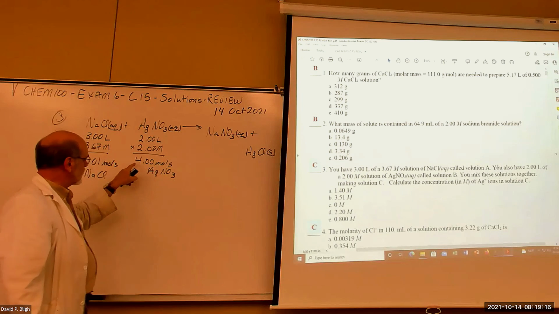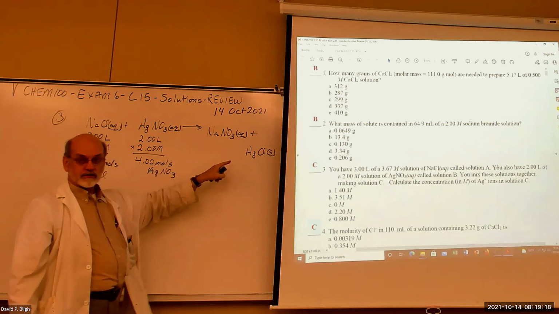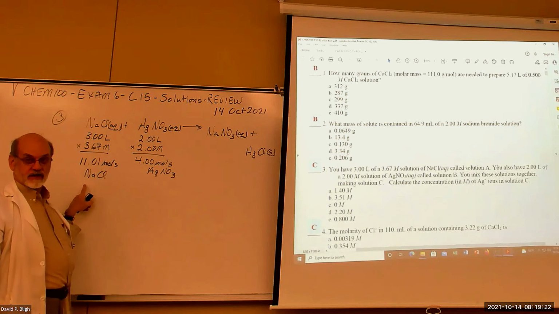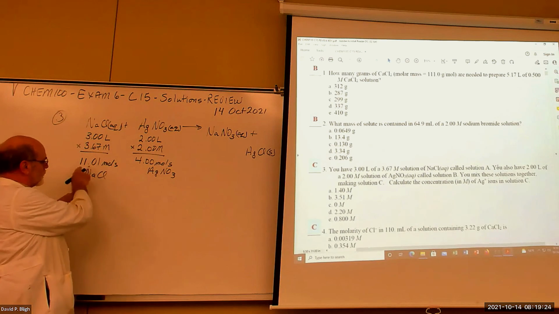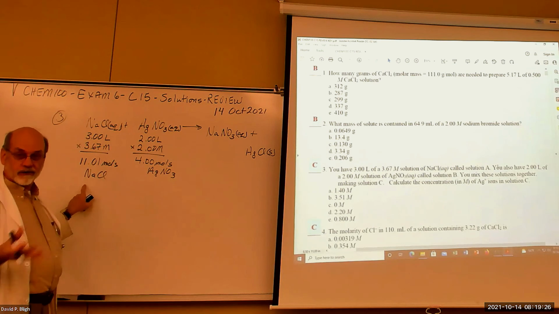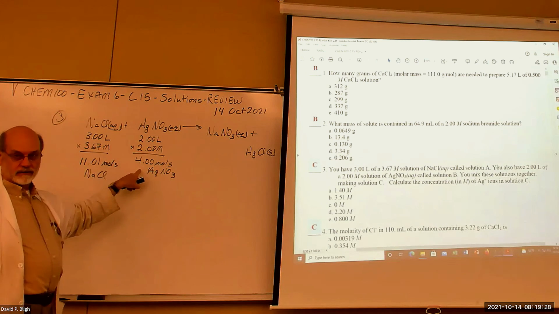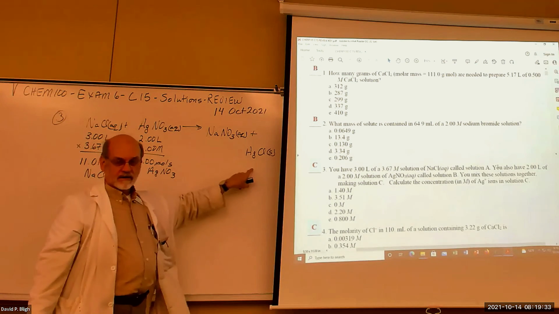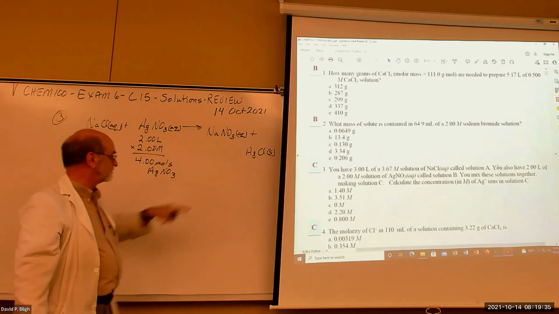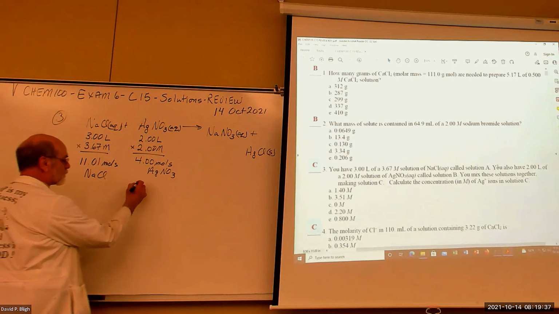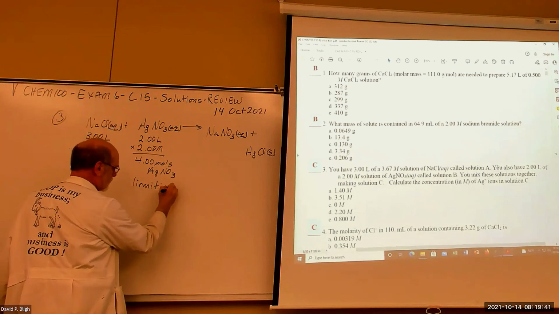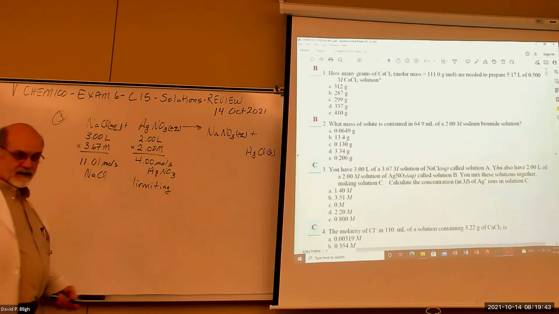If you have one of these, you'll have one of those, unless this one runs out first. But look, this one's 4 moles and that one's 11 moles. Which one's going to run out first? That one. Fewer moles. Makes less silver chloride. Okay, so this one is limiting. It will run out first.